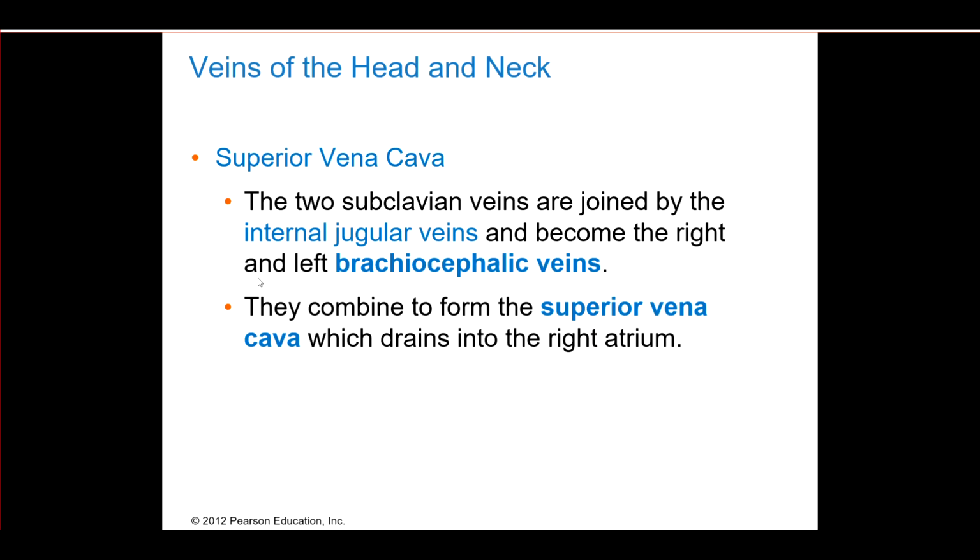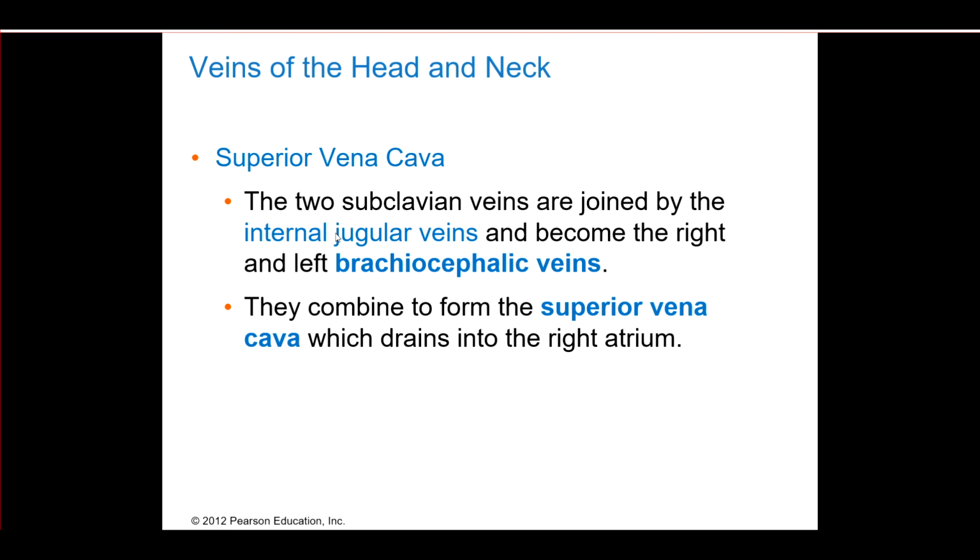Okay, so let's see if these sentences make a little bit more sense now. All right, so the two subclavian veins, one from the right and one from the left, are going to meet the internal jugular veins. Those veins are coming down through the neck from the brain. Once the subclavian and the internal jugular combine, they form the brachiocephalic veins.